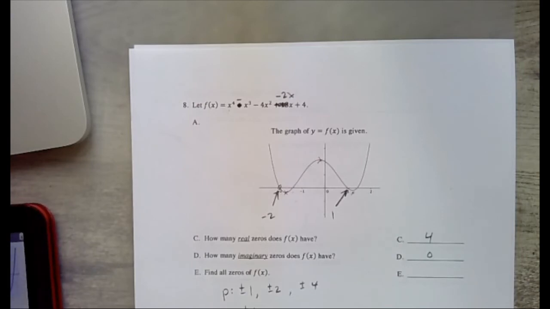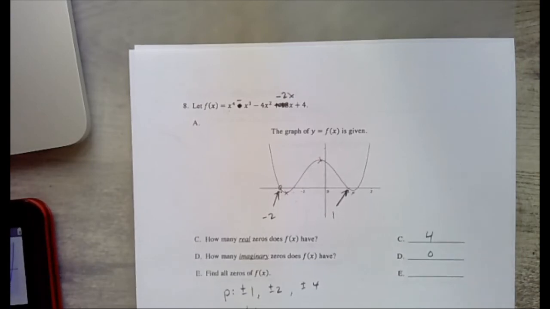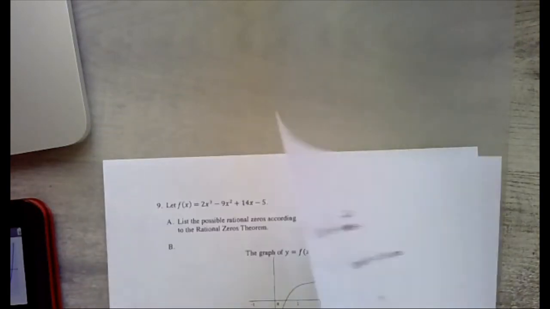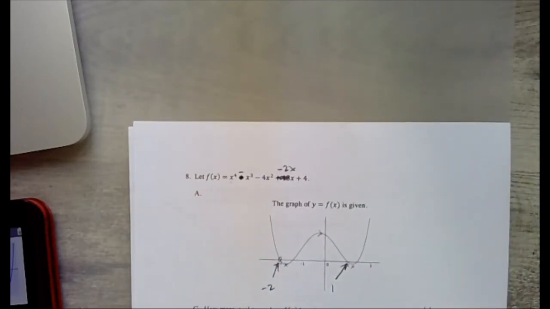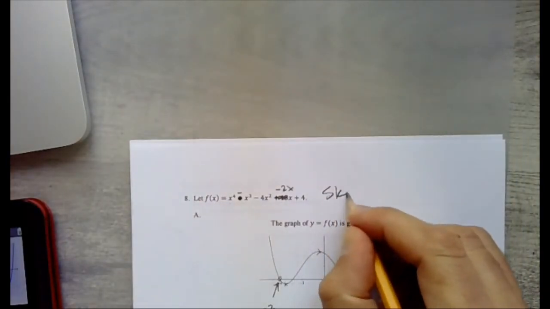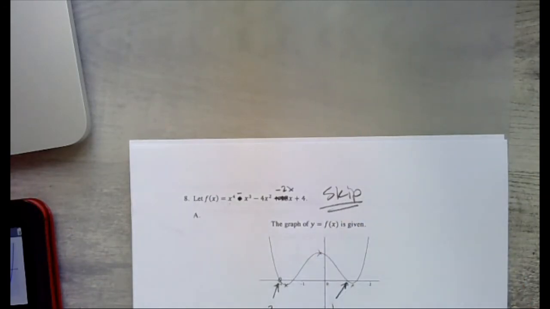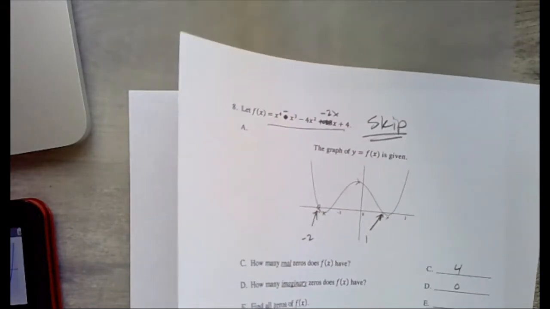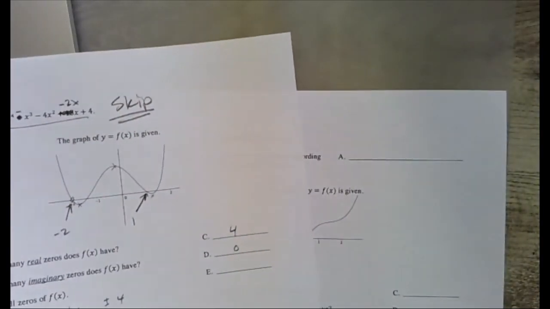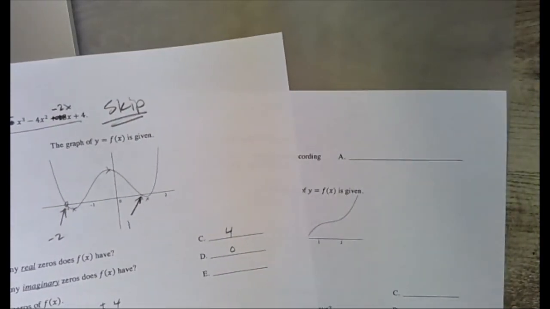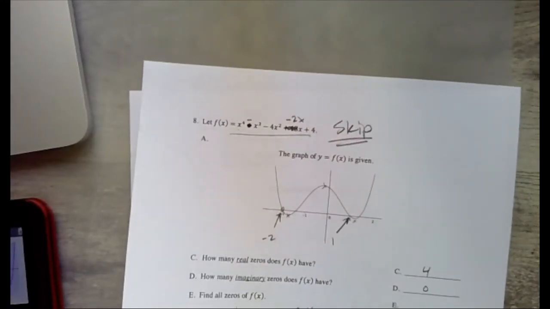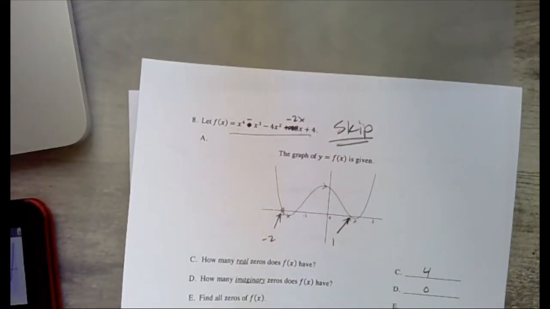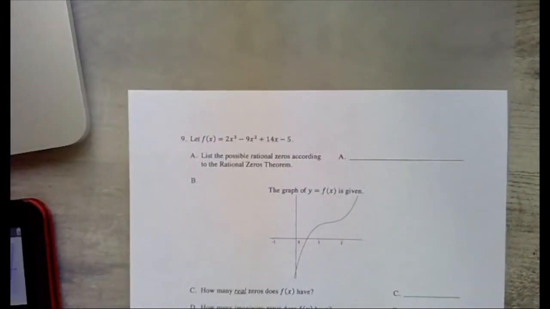This is not going to work out very nice if I use the function I came up with either. Sorry about that. I think we can answer the same kind of question. Let's skip this one. Okay. I made a mistake in this function and I can't figure out what I did wrong to get this graph. So we'll skip over this one, but the next question is the same kinds of skills. Okay, so I'm not saying that you don't need to know how to do this, but I'm saying that there's a mistake on here and I don't want to take any more time to go through that one.